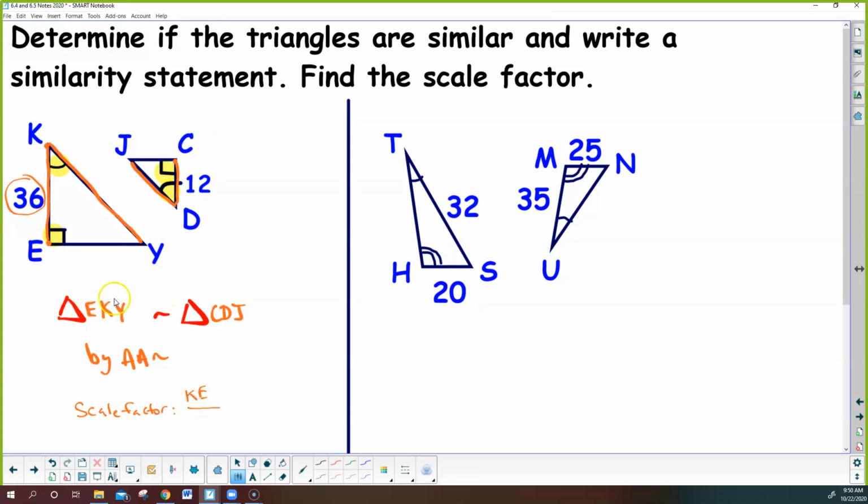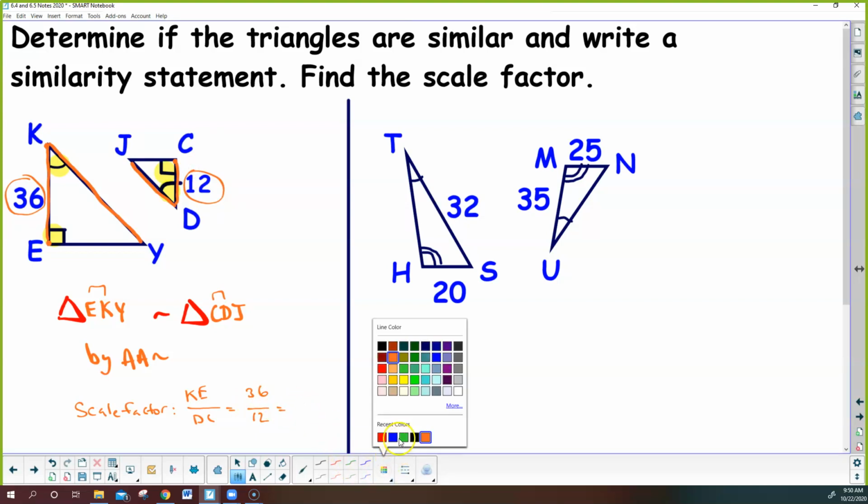Well, KE matches with DC. So then I know their values. I know KE is 36, and I know DE is 12. And then if I just divide it out, if I divide the top by 12 and the bottom by 12, I get 3 over 1.